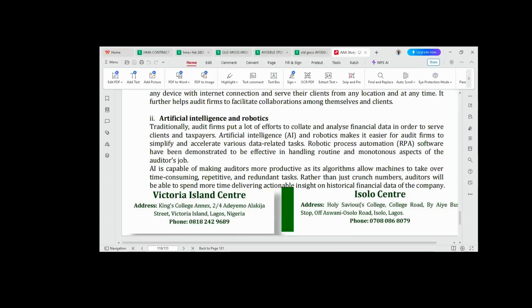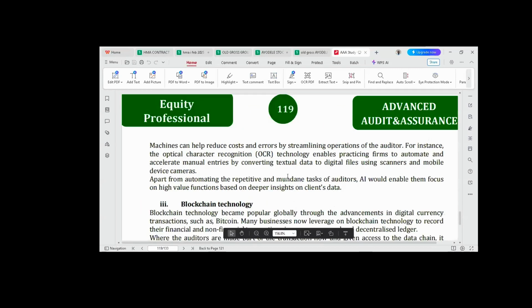strategic aspects. For instance, rather than just crunching numbers, auditors will be able to spend more time delivering actionable insights on the historical financial data of the company.